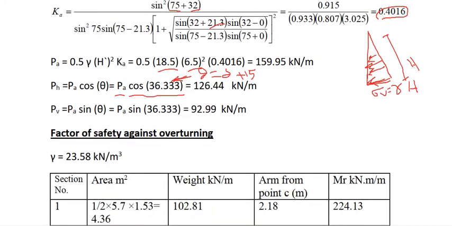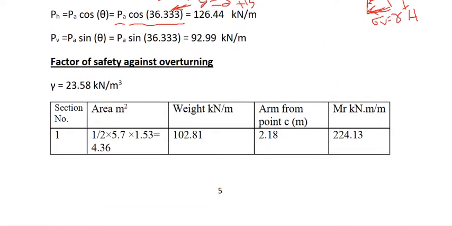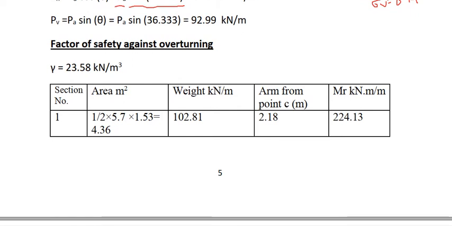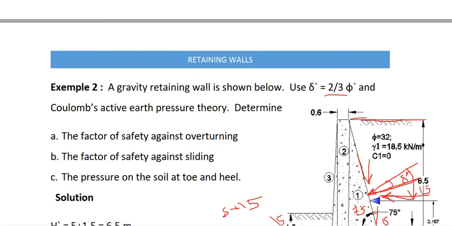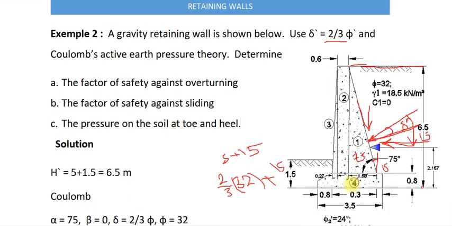Now compute the weight and the moment acts on the structure. We have to divide this section into 4 areas. The first area, this is rectangular section number 2, and the base. If we have a geometry for this part, we have included it. If we don't have, we can ignore it. Section 1, section 2, section 3, section 4.